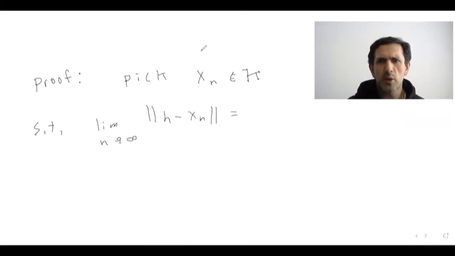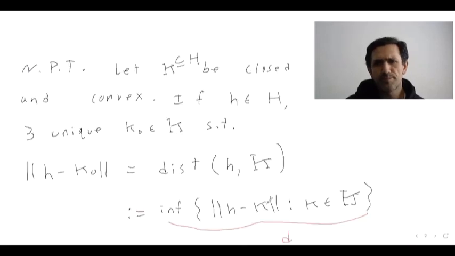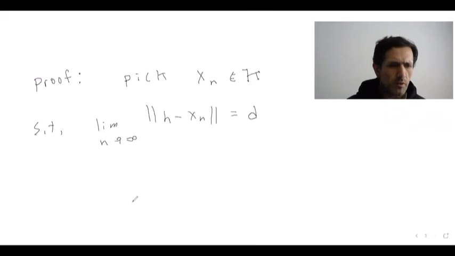So pick a sequence where this limit is given by d. If there's any doubts, then you absolutely should prove this, but it's literally just the definition of an infimum.